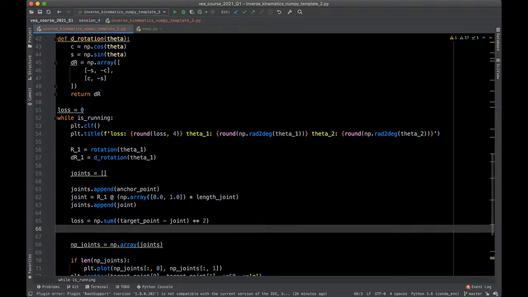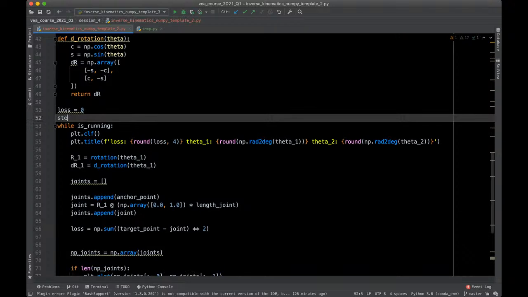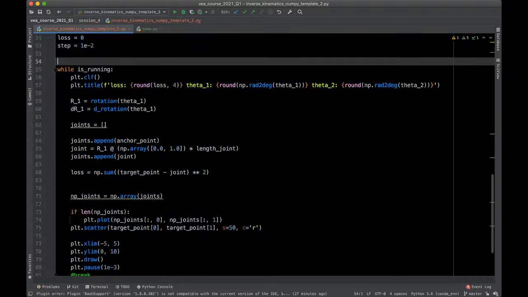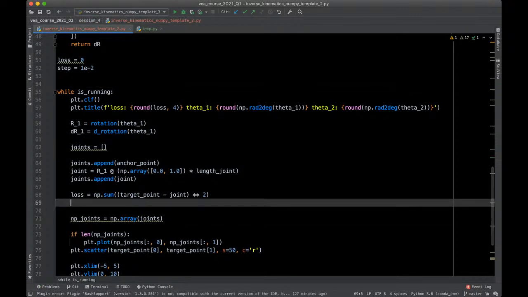In some cases, actually it matters, since it makes life easier by changing the step size. So that's fine. Then I would also add the step here on top. So the step would be e minus 2, like that. So the step is up there as well. So the loss function we have.